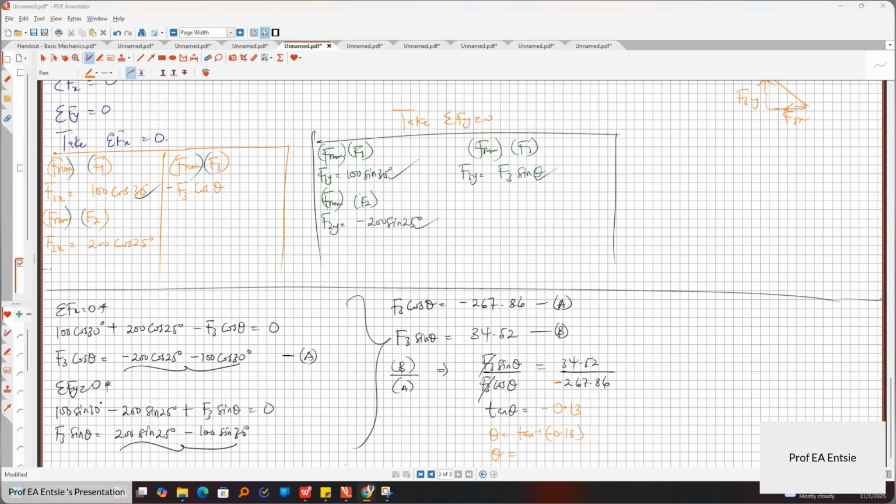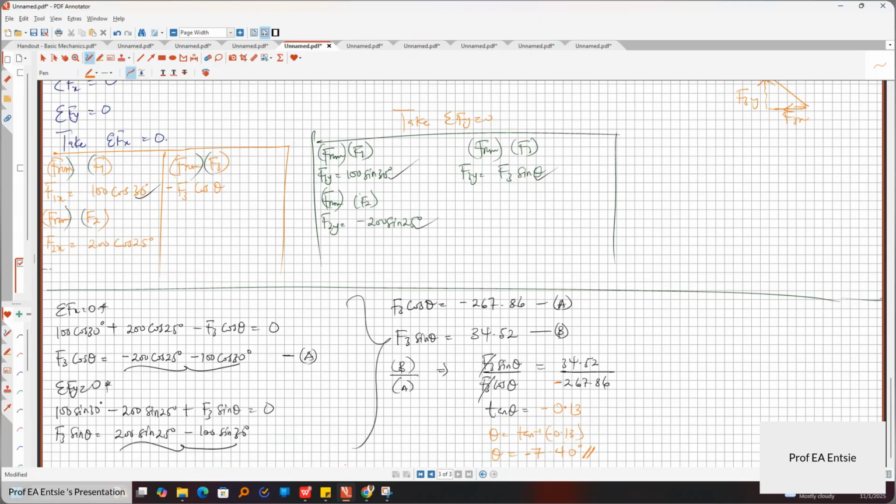Tan inverse of negative 0.13, and you get minus 7.40 degrees. Okay, so that's what you get.